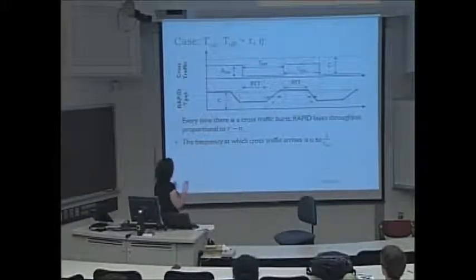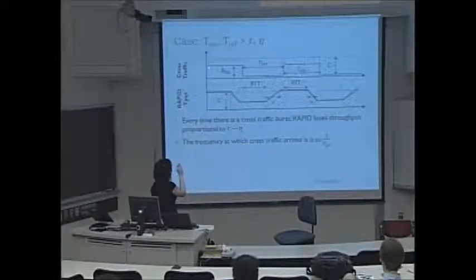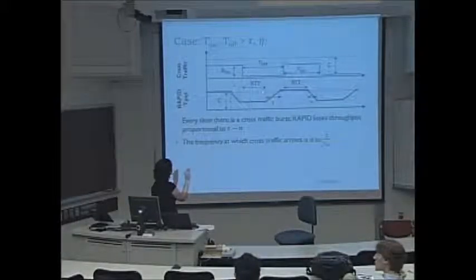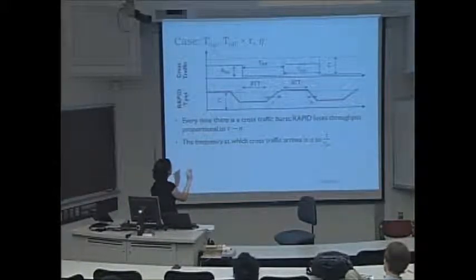This is the cross-traffic going on and off and on and off. When the cross-traffic bursts, Rapid will detect the change an RTT time later. To ramp up, it will take tau time units to reach the new available bandwidth, and to ramp down after it detects that the burst has occurred, it will take eta time units.